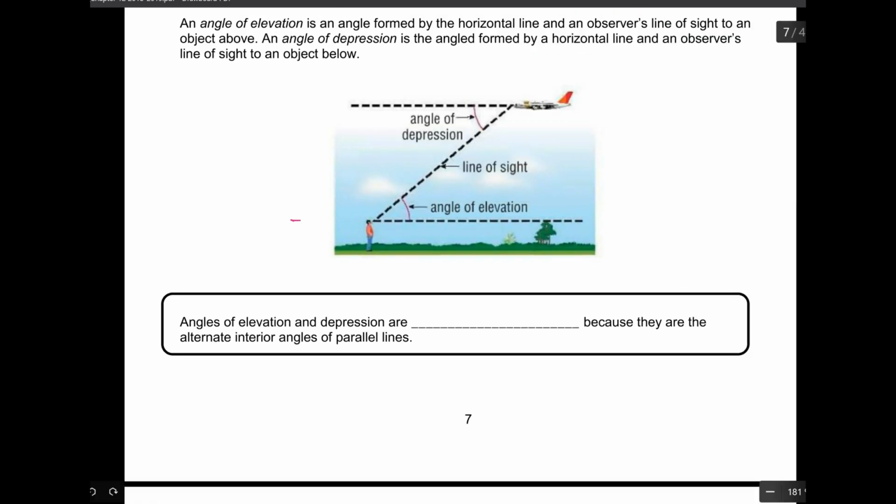Literally, it's because here's a line, here's another line. If they are parallel, what is true about the angle, about the line that crosses them? A transversal line. Angles of elevation and depression are congruent.